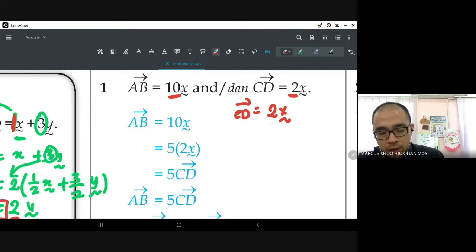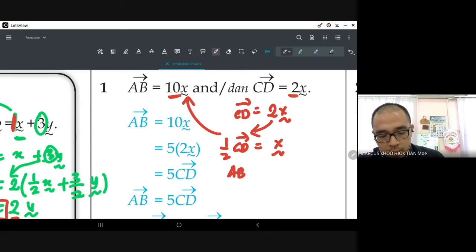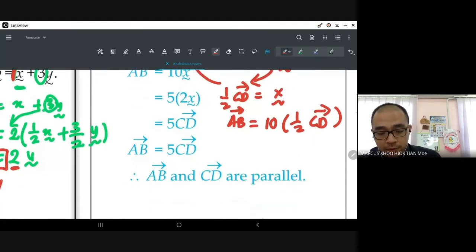So I put the 2 down here lah. So half CD equals to x. Now I put the half CD inside here. So AB equals to 10 times half CD. 10 times half will give me 5 CD, AB.